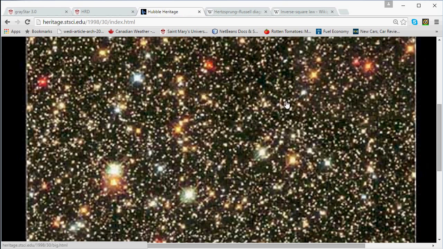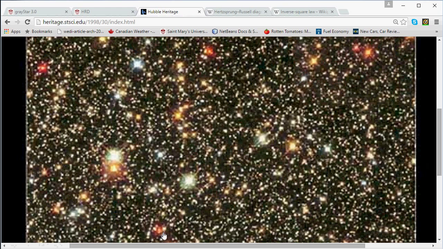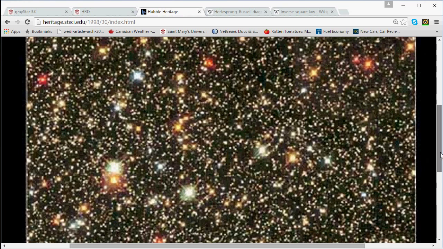Now for each of these colors, or each of these effective temperatures, we might notice that we are seeing stars of the full range of different brightnesses. So for example, among red stars, we have red stars that are bright, like this one, and we have other red stars that are faint, like this one down here. And the same thing is true for the yellow and the blue stars. So for stars of each color or effective temperature, we are seeing the full range of brightnesses.